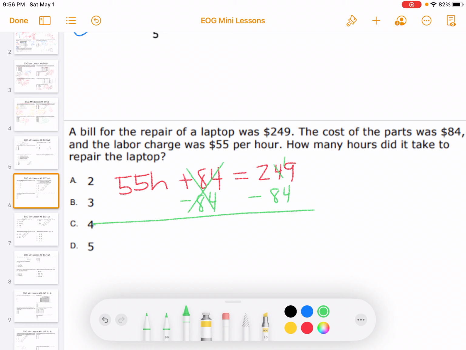Oh, I didn't need to do that. To create my zero pair. Bring down my 55h and my equal sign. Then I'm going to divide by 55 on each side.